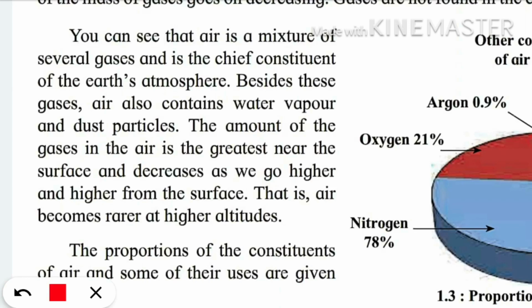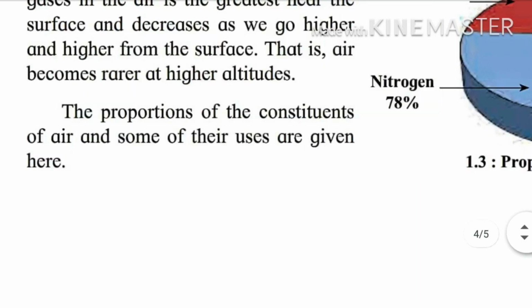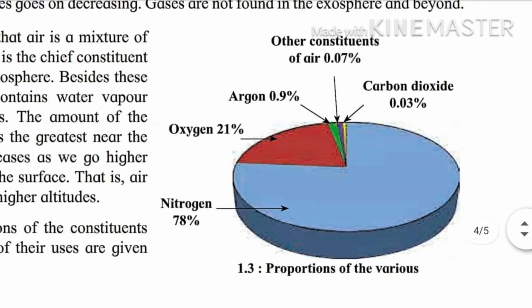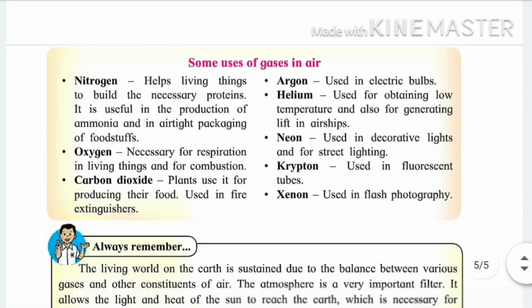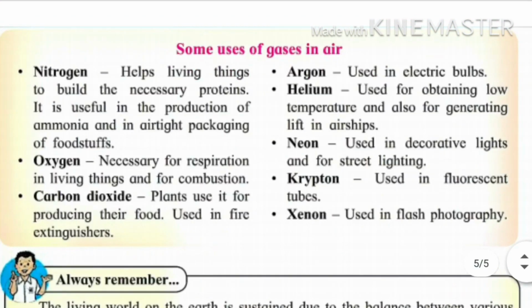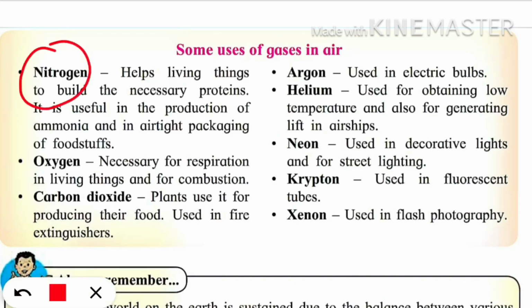Now, we are going to the next part, some uses of gases in air. We have studied nitrogen, oxygen, carbon dioxide, argon, helium, neon, krypton, xenon, but we'll see deeply about them.